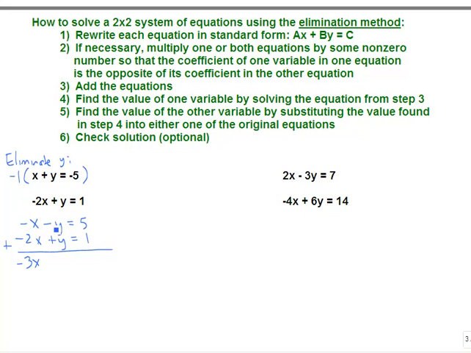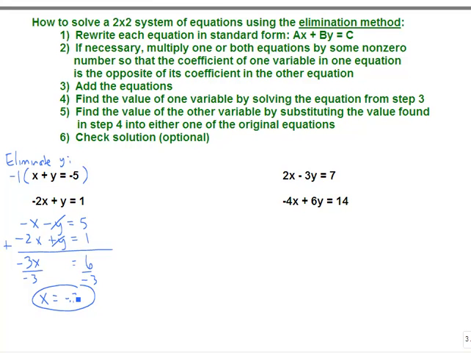Because we made the signs on the y's opposites, these y's should always cancel out. And on the right side, 5 plus 1 is 6. So based on this elimination, after eliminating y, you can see that you're left with a really easy equation to solve for x. All we have to do is divide through by -3. So x is -2, and I'm going to put a circle around that. There's part of my answer right there.